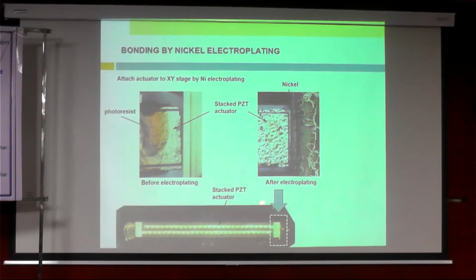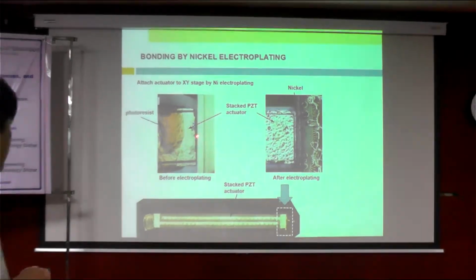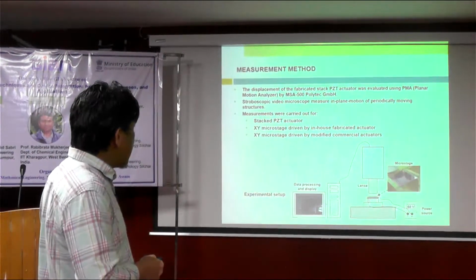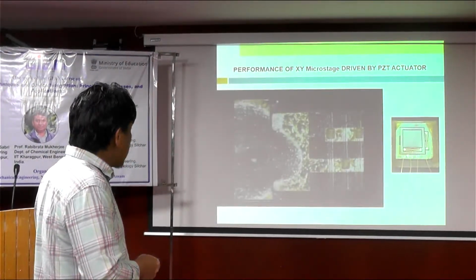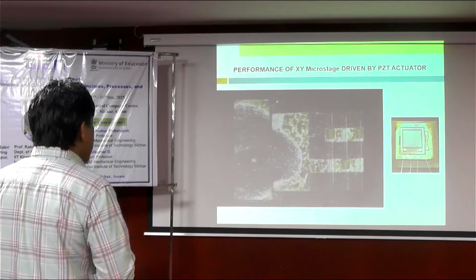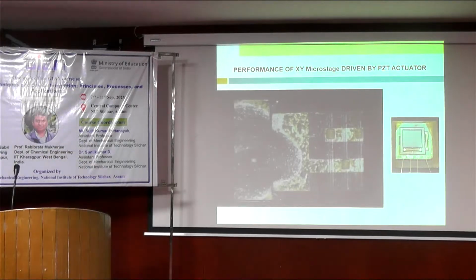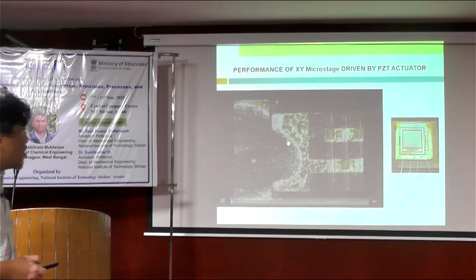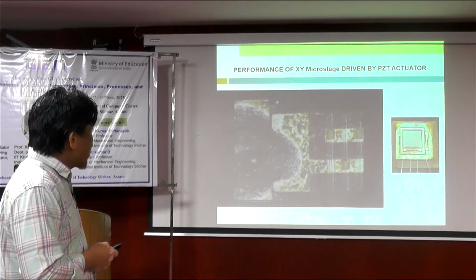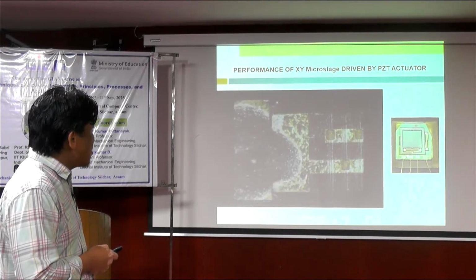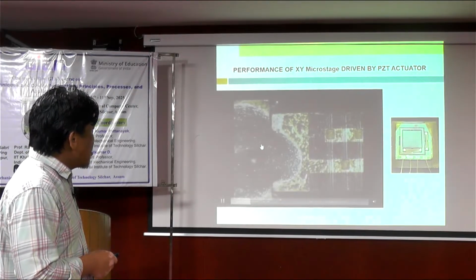And then you see the bonding of the PZT. This is an example. You can see that this actuator works. You see a little movement when applying a current to the system.